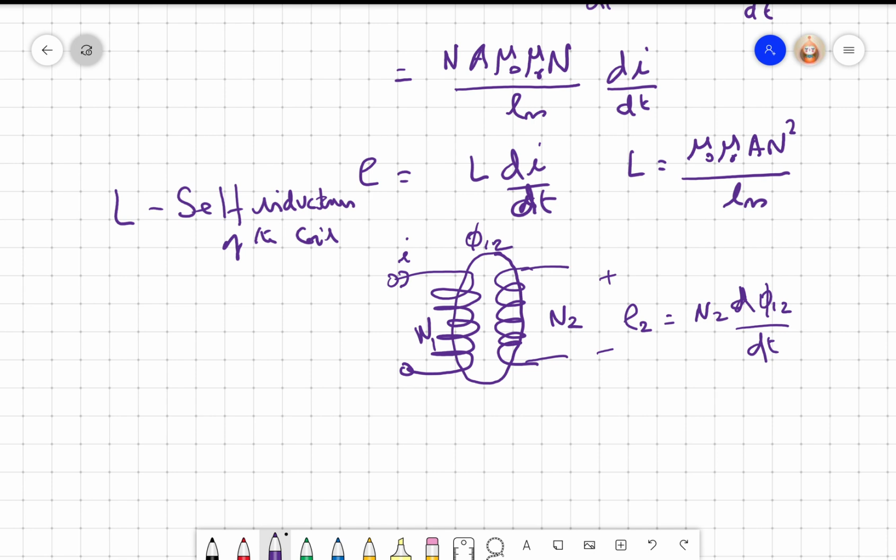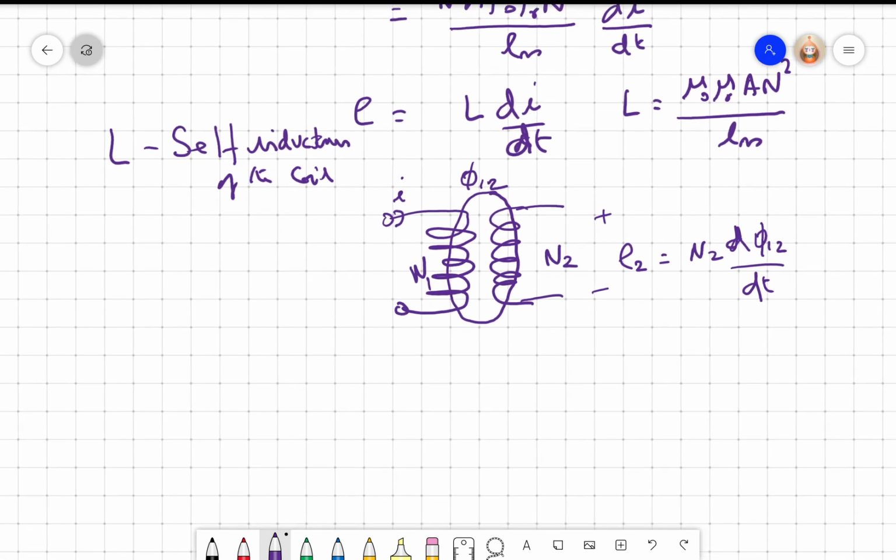If all the flux generated by the N1 turns of coil links with N2, then I will have the ideal transformer equation. E2 will be N2 by N1 into E1, where I apply E1. Okay. Of course, we are only looking at ideal coils. A practical coil, of course, will have winding resistance, distributed capacitance, and so on. We will look at it a little later.